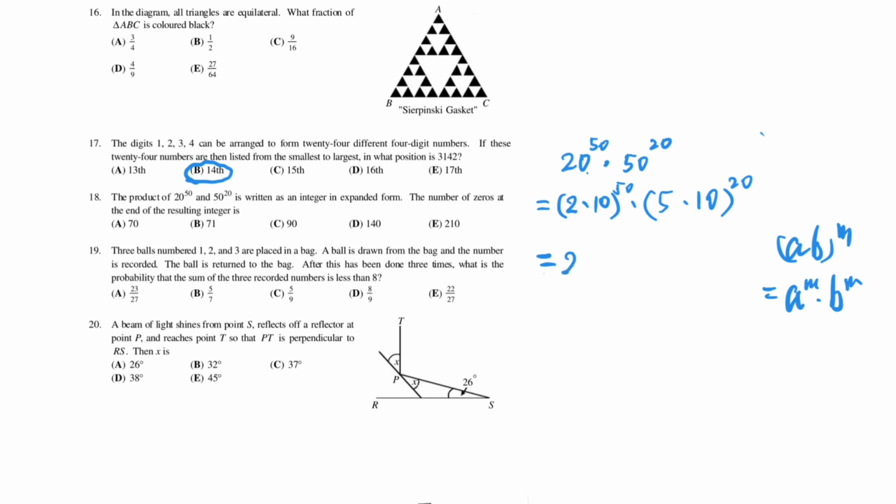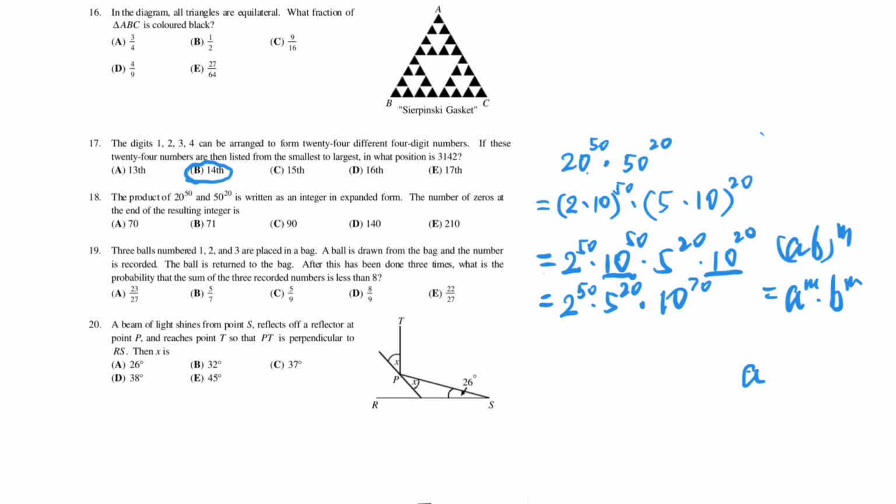We have 2 to the 50 times 10 to the 50 times 5 to the 20 times 10 to the 20. Multiplication is commutative, so we use the 10 to the 50 times 10 to the 20 gives us 10 to the 70.